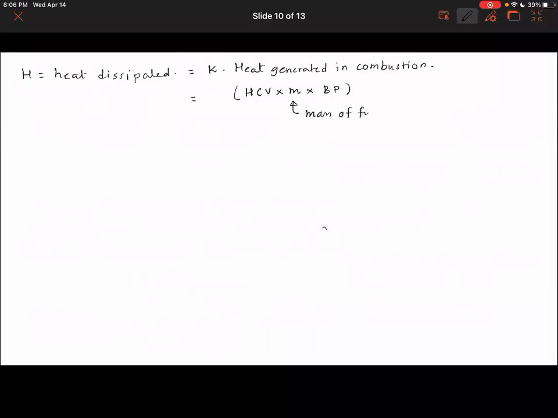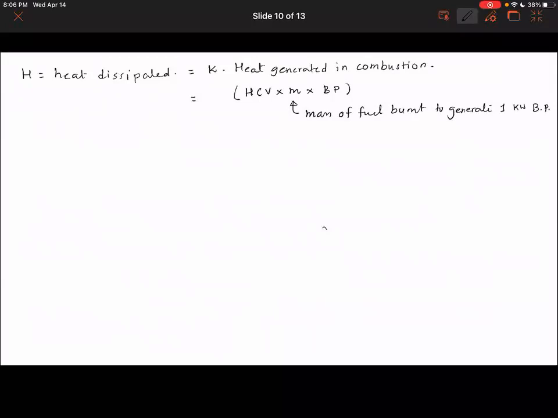So M is the mass of fuel burned to generate 1 kilowatt of brake power.